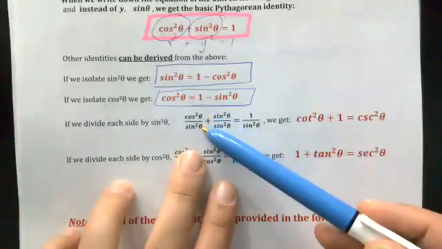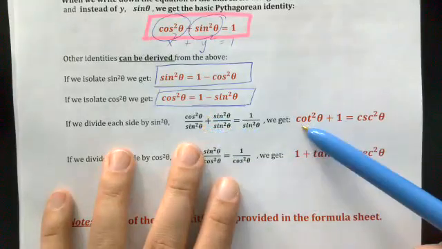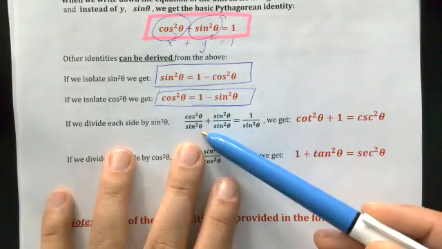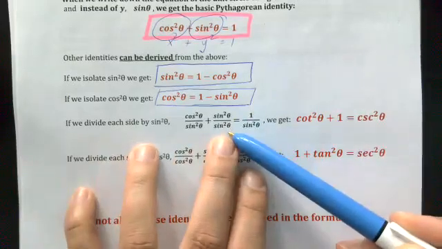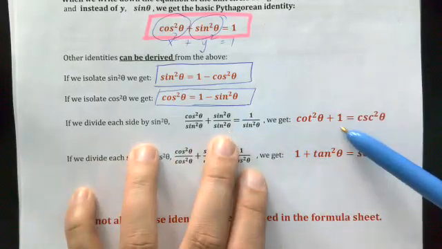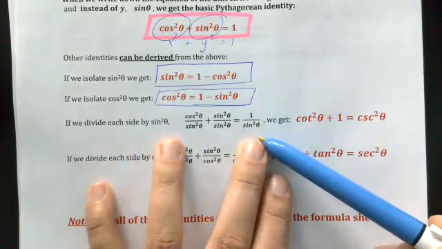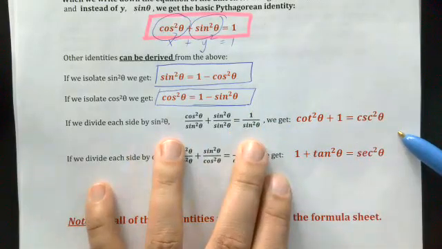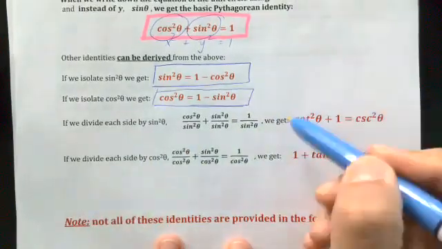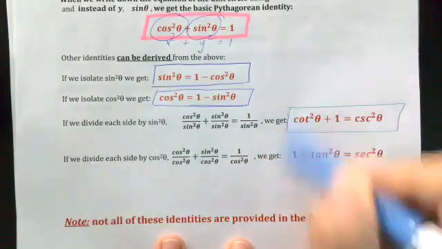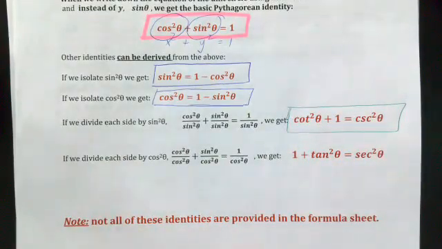So cos over sine is cotangent. You just have to square it because both of them are squared, okay? So cotangent squared. Sine over sine is 1, right? And 1 over sine is cosecant. Again, we have to square it because it's a squared expression. So we get our third level of new Pythagorean identities.